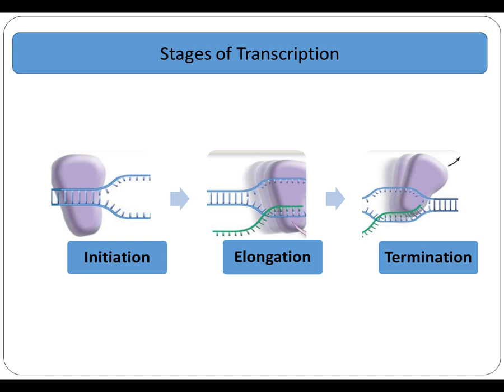Once those hydrogen bonds are broken, what did we say is exposed that can be used? The DNA, and it is called the template. That's what's going to be read, R-E-A-D, the template of the DNA. It just means one strand of DNA is exposed and it's going to be used.